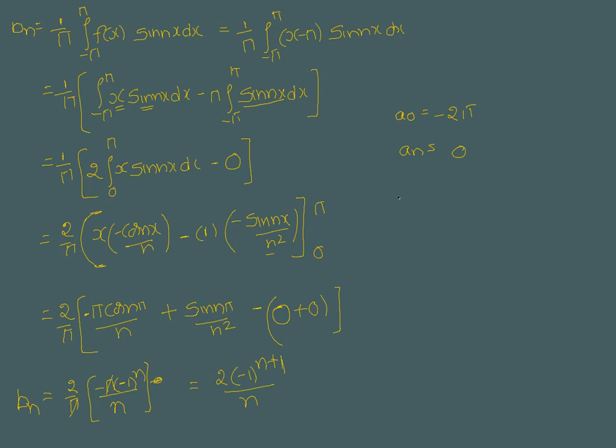Similarly the b_n value is equal to 2 into minus 1 power n plus 1 by n. Substitute all the values in f(x) and you will get the Fourier series. Okay, thank you very much.